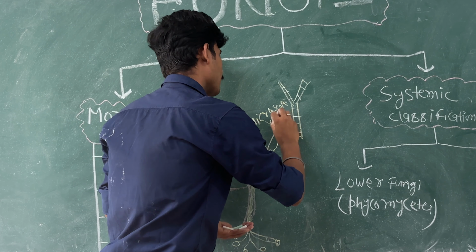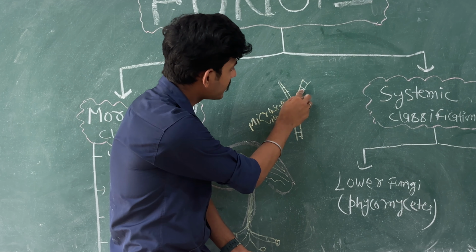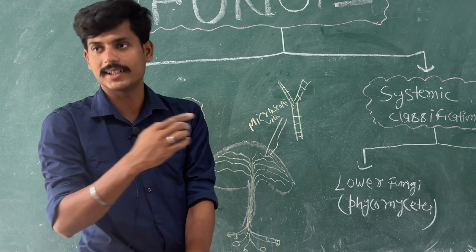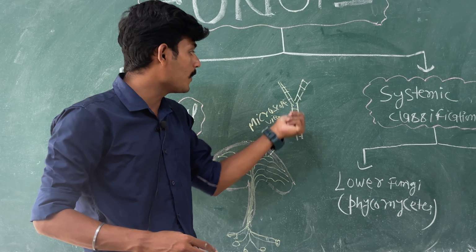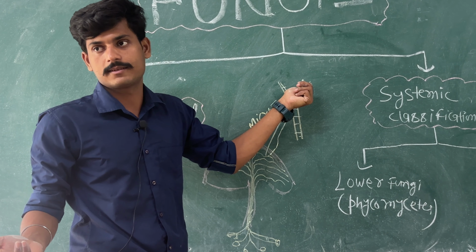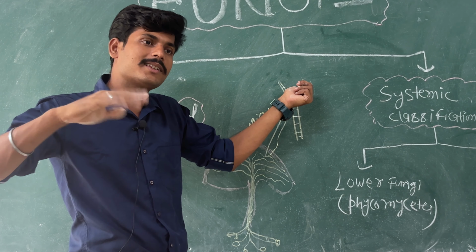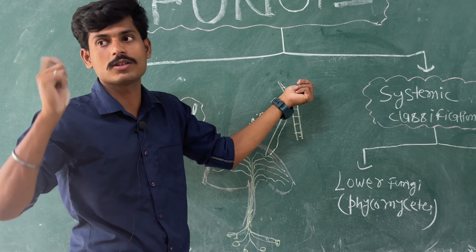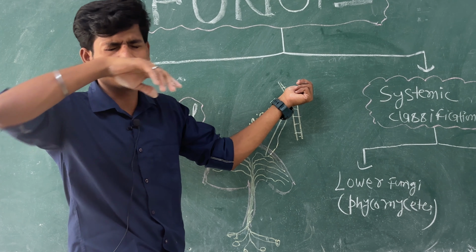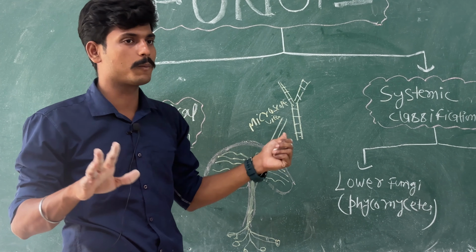As you see in this hyphae, there is the presence of a septum, one divider. So the fungi where this septum is present are called septate. And sometimes there is no septum formation; they are called aseptate fungi or non-septate fungi. Clear? There is no need to go into detail, because according to your syllabus this much information is needed.